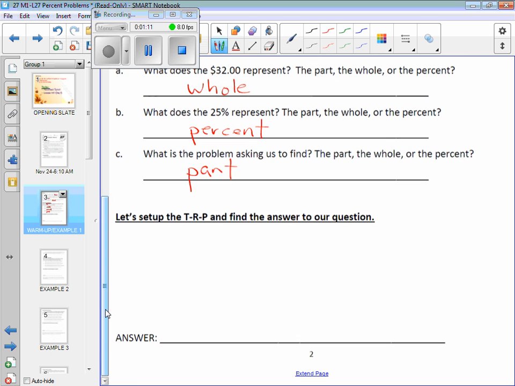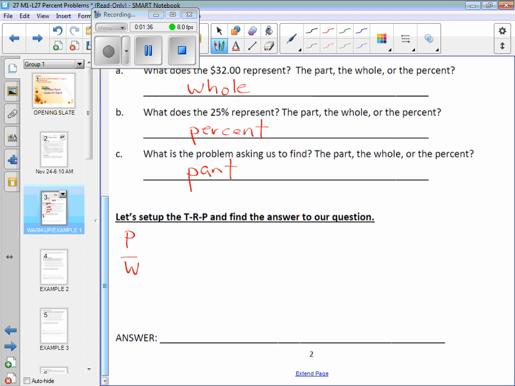When you set up your TRP, I want you to leave some room on the right, okay? So don't write too big. All right, what becomes my first ratio? Kaylee.